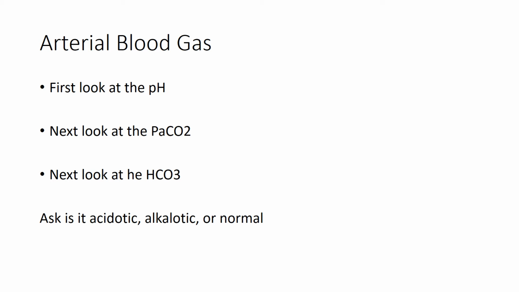So if our pH is less than 7.35 and our PaCO2 is greater than 45, we know it's a respiratory acidosis. If it's within the normal PaCO2, then we'll move to our bicarb, which is our HCO3, making it a metabolic state. So we will then be either metabolic acidotic or alkalotic.